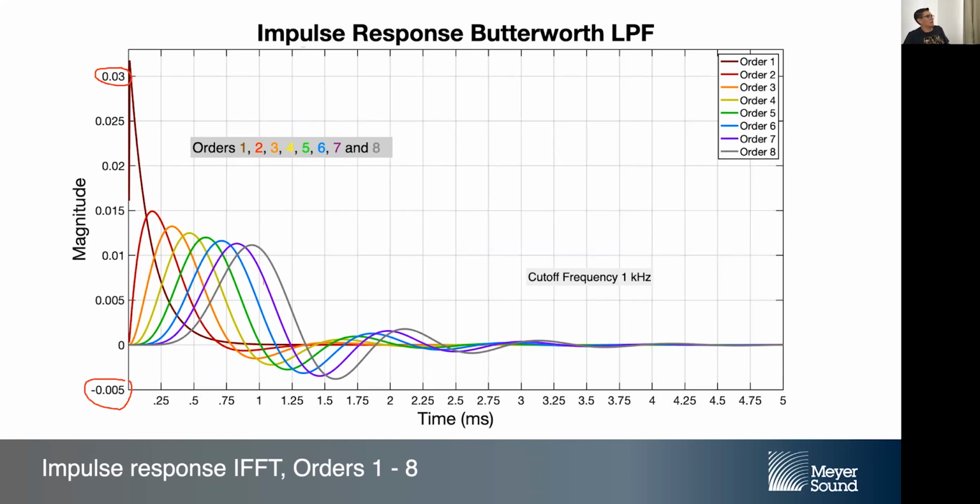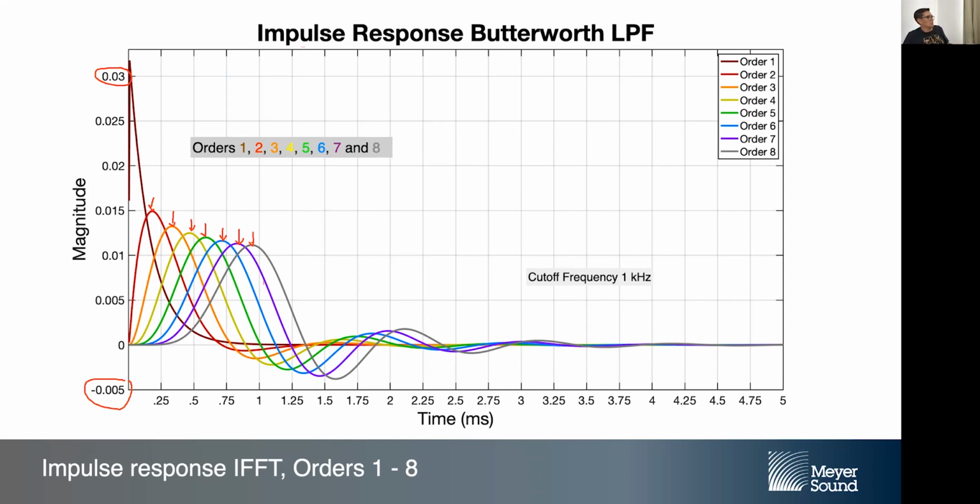As you could see, we have orders 1 to 8, and if you follow the maximum amplitude for every single order, you're going to see that this maximum amplitude gets lower as we move from order 1 to 8.